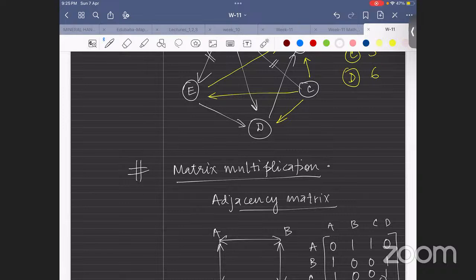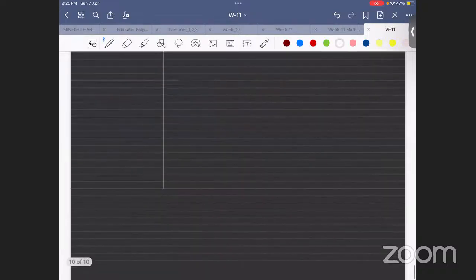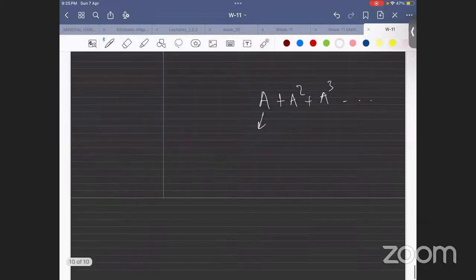So then, why do we sum all possible matrices to find the transitive closure? Yeah, because that will tell you. See, in the transitive closure you are just indicating the reachability, right?